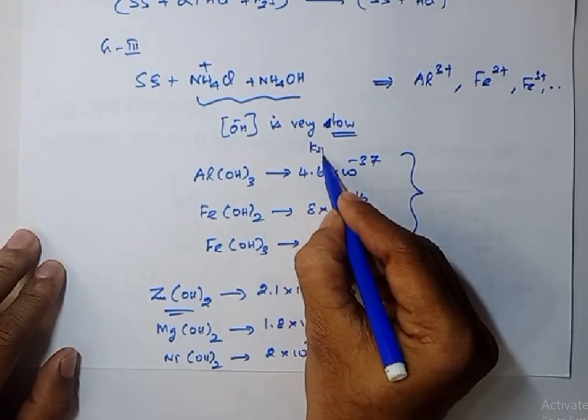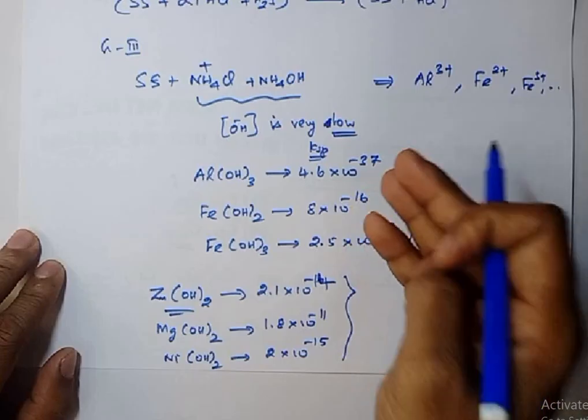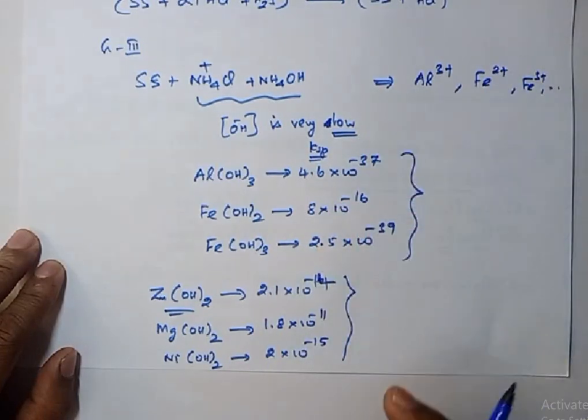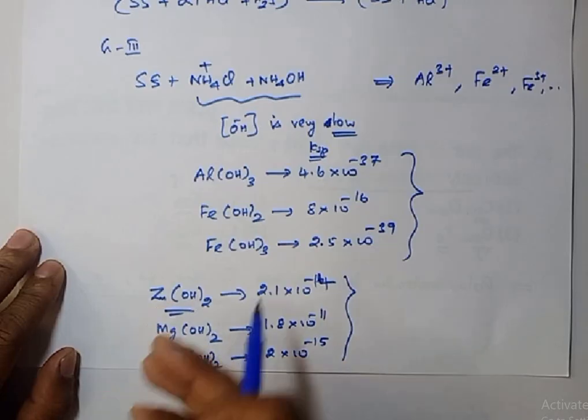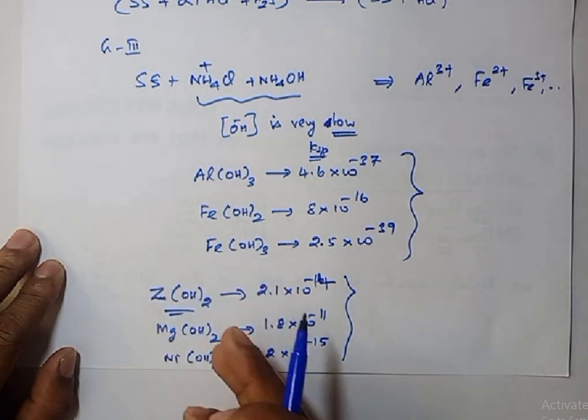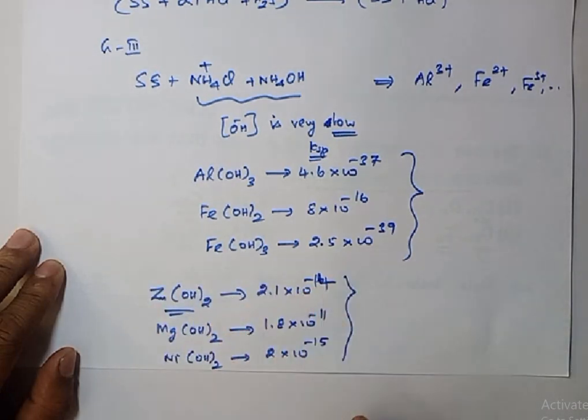For these hydroxides, the solubility product value is very, very low, whereas the hydroxides of other group metal ions, group 4, group 5, group 6, have high solubility product.